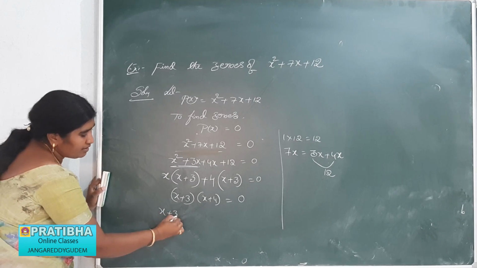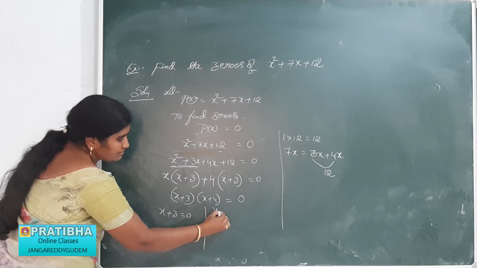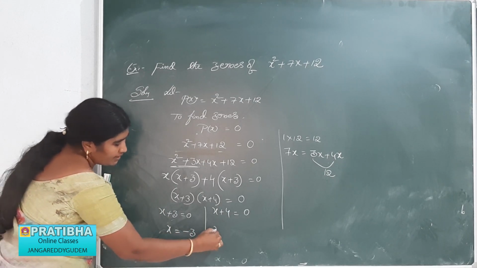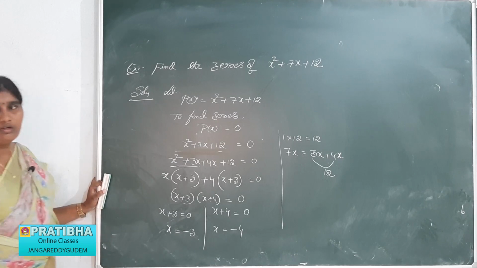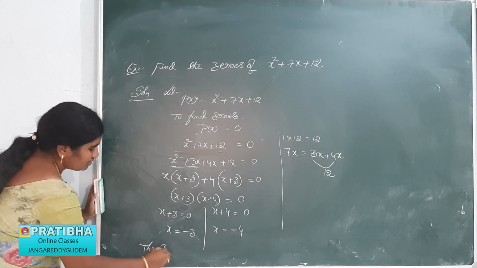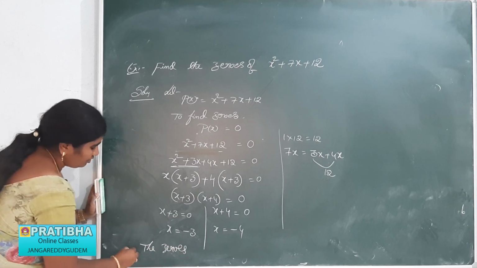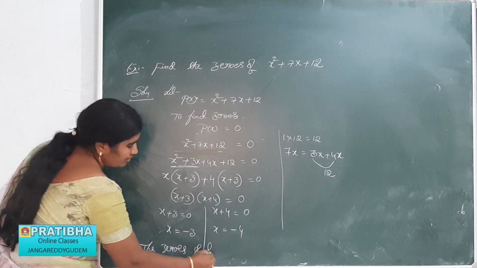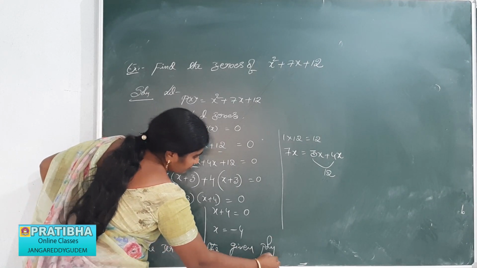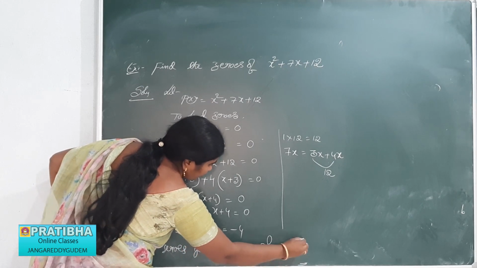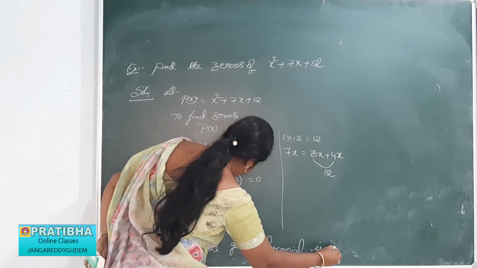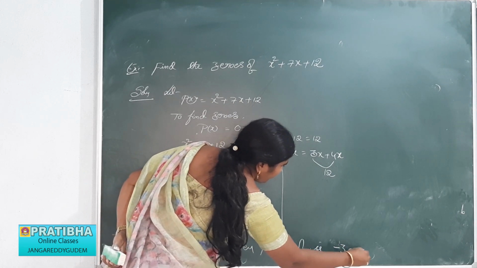So x plus 3 equal to 0 and x plus 4 equal to 0. X equal to minus 3 and x equal to minus 4. Therefore, the zeros of the given polynomial are minus 3 and minus 4.